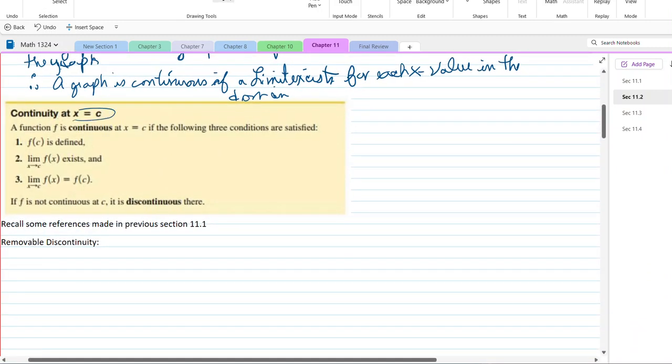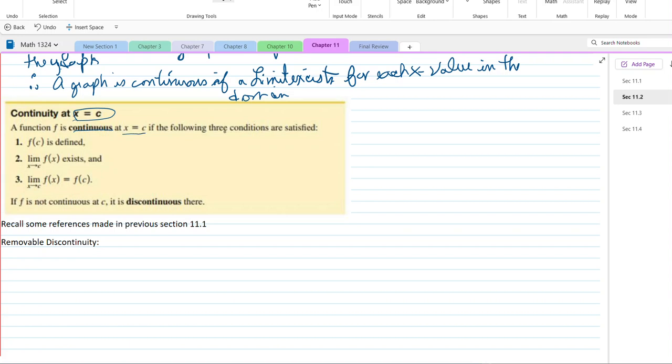Continuity at x equals some value given in the function. A function is continuous at x equals c if the following three conditions are satisfied. To be continuous at the point of a specification, three things have to be true. F of c is defined. This means f of c is a real number. It can be negative, can be positive, can be all kinds of things, fractions, whatever, but it is a number.